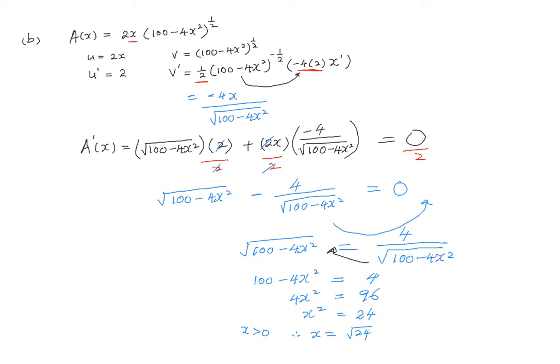Can you check at the beginning of my differentiation. My A prime x is 4, and then bracket 25 minus x squared to the power of 1 over 2, minus 4x squared, bracket 25 minus x squared to the power of negative 1 over 2.